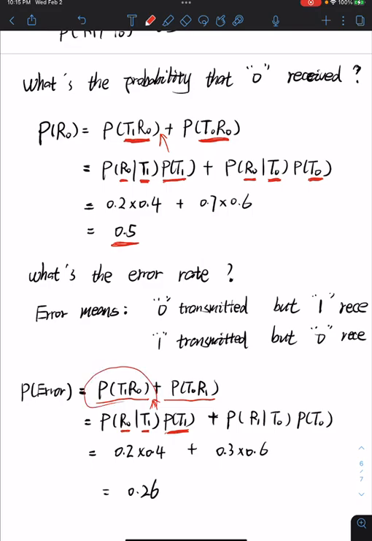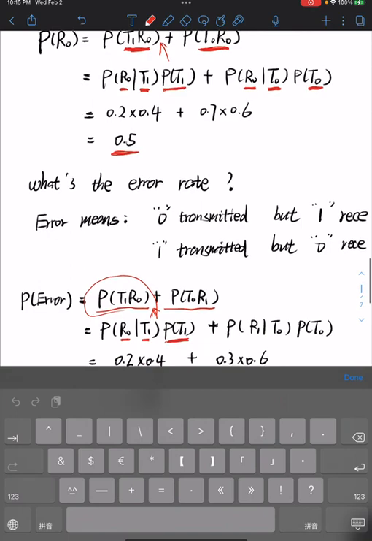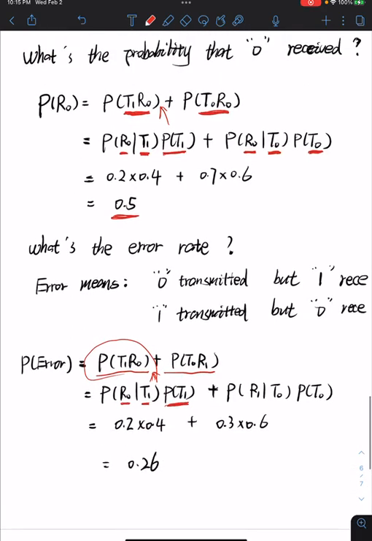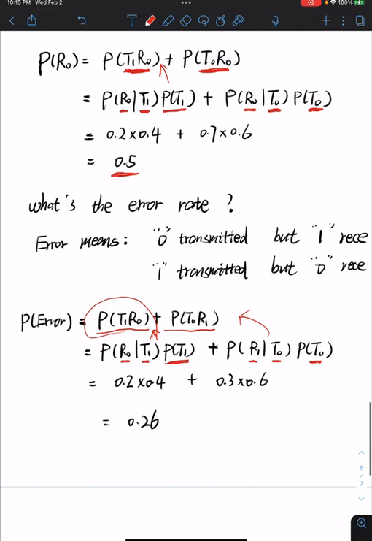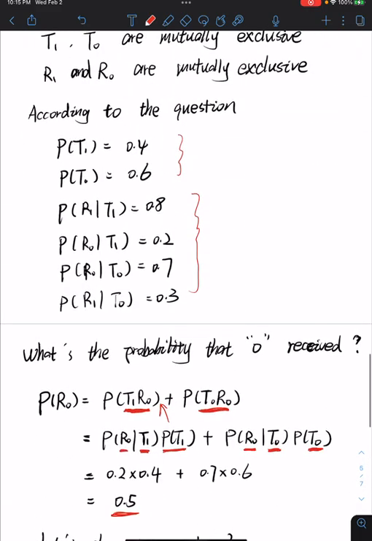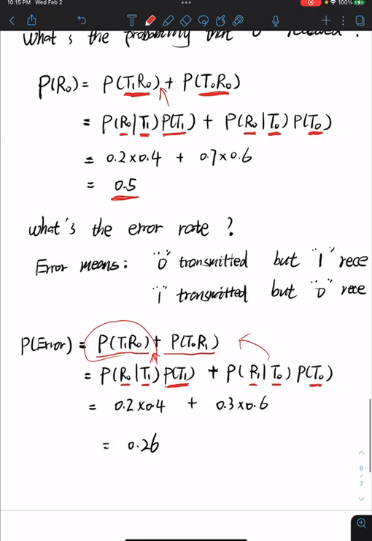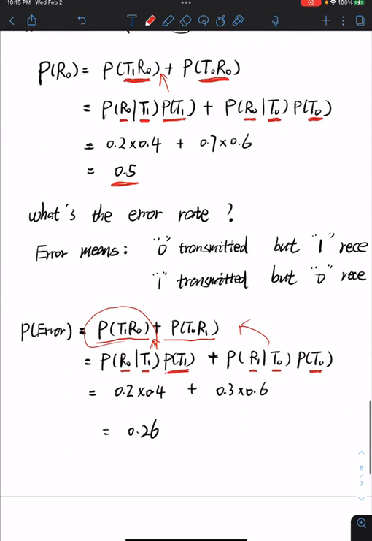And the probability of 1 is received, given the transmitted bit is 0, times the probability of 0 is transmitted equals the probability of 0 is transmitted but 1 is received. And when done, we can apply these probabilities into these equations and get the final result, which is 0.26.